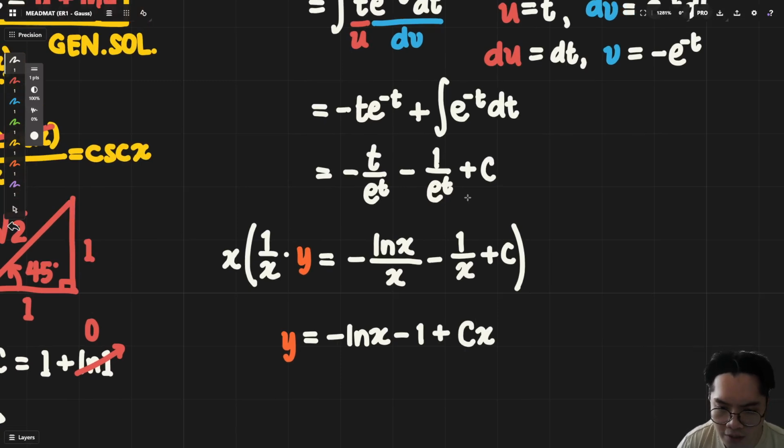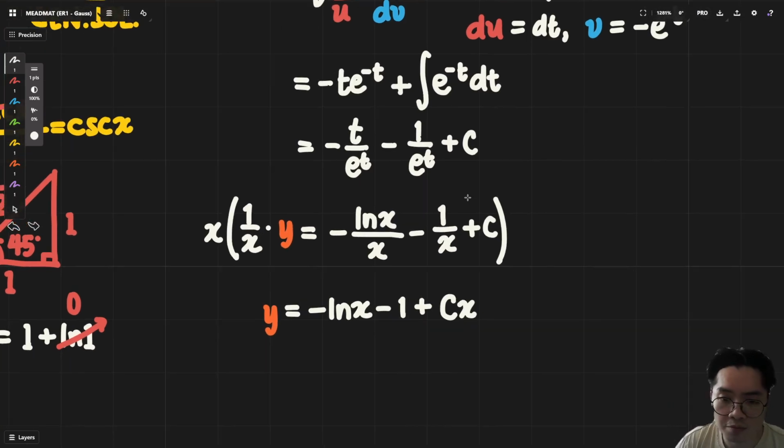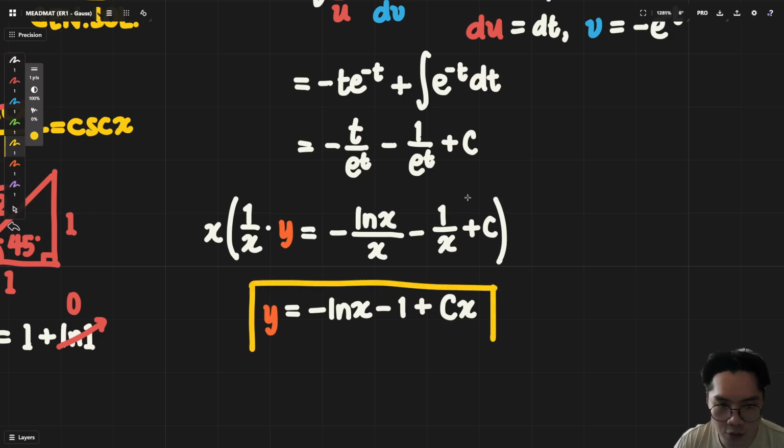So you might say to yourself, wait, won't this negative 1 be removed? No. This will not be removed because it's no longer part of the c world, because your c is now multiplied to an x, right? So those two are no longer together, shall we say, or they're no longer controlling the same bits. This is your value of y.